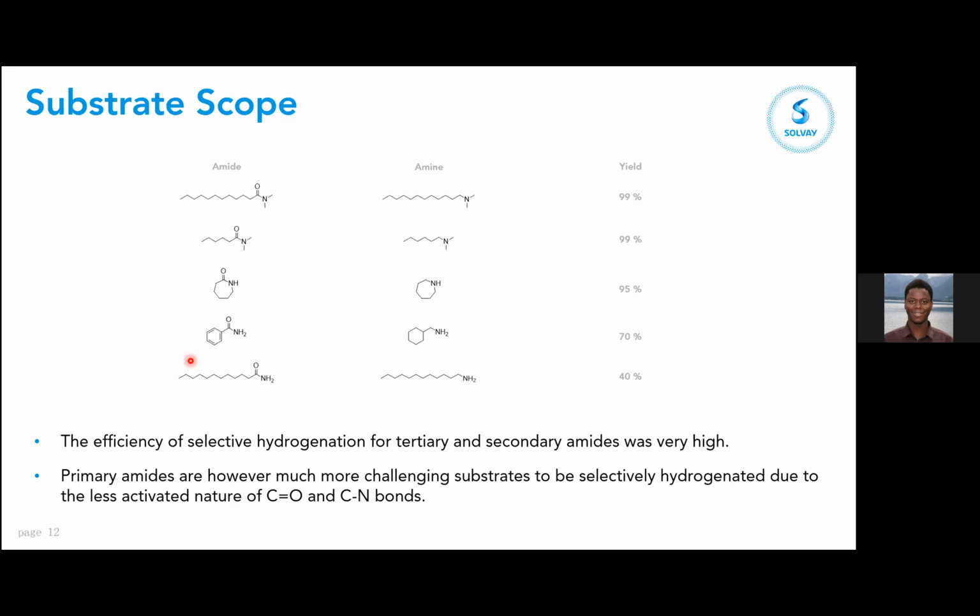We believe that it's mainly due to the less activated nature of the carbon-oxygen and carbon-nitrogen bond in the primary amide. And in the case of aromatic amide, we also noticed that it's rather easy to do the complete hydrogenation of the aromatic ring together with the amide functional group.